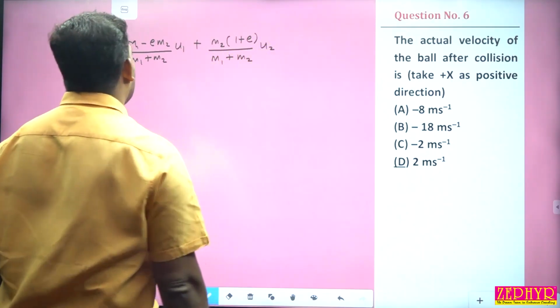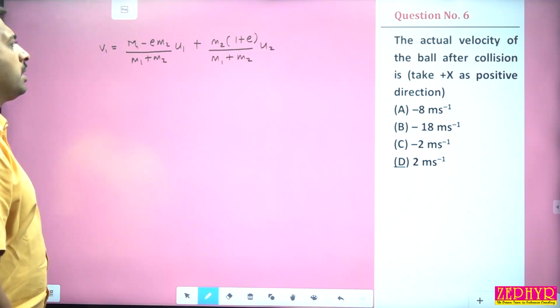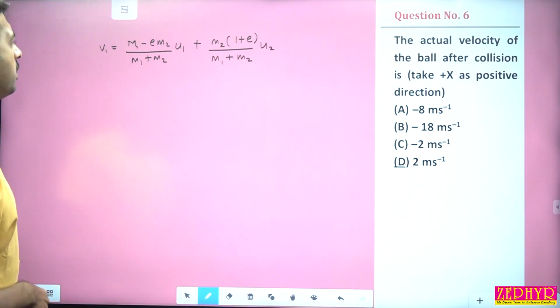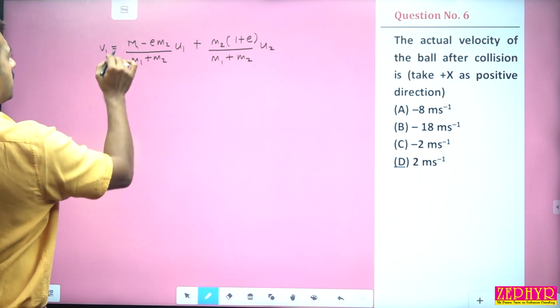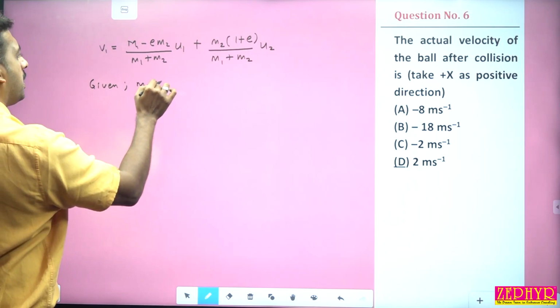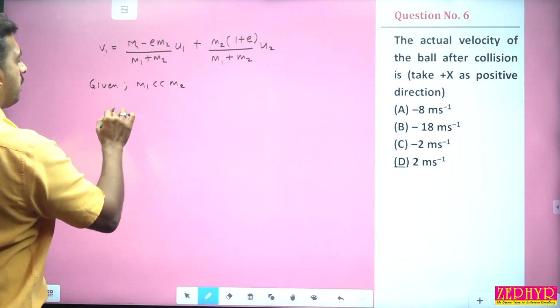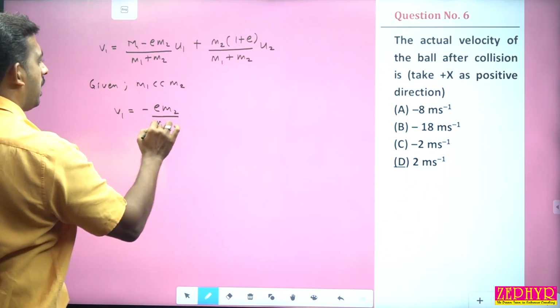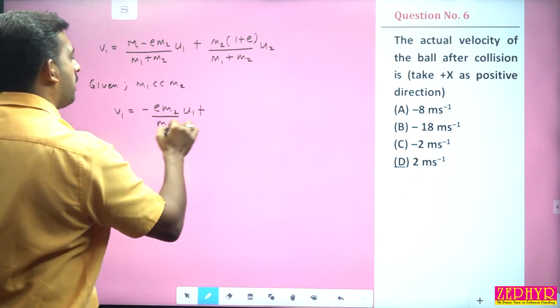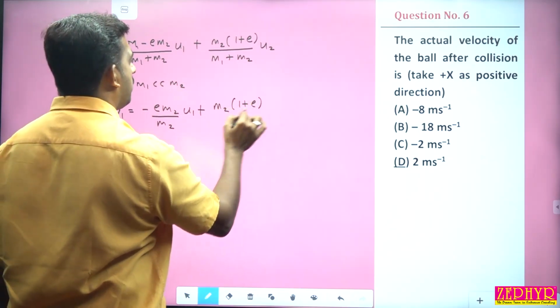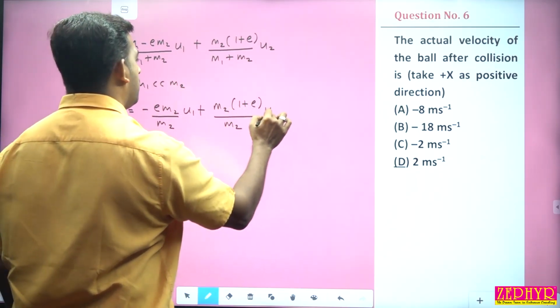So this is the equation to calculate the velocity after collision for an inelastic collision. Given that m1 is much smaller than m2, we'll be getting v1 equal to minus e m2 divided by m2 into u1, plus m2 into (1 plus e) divided by m2 into u2.